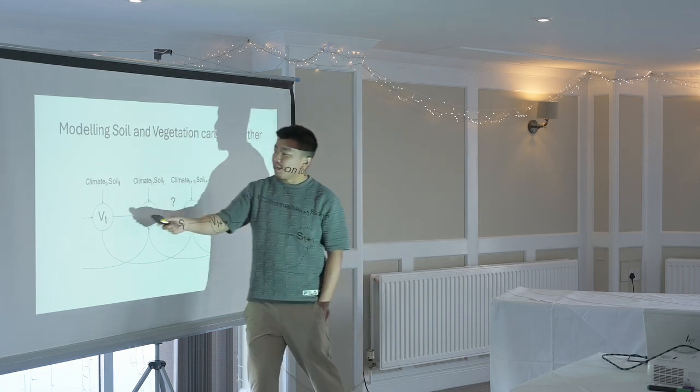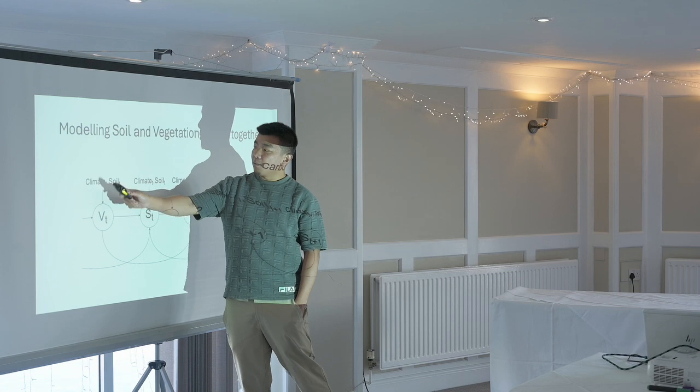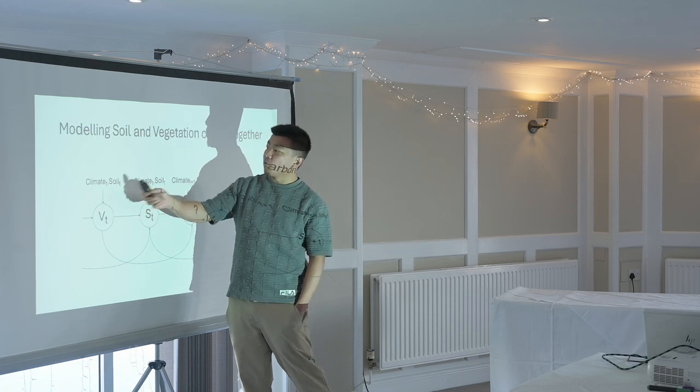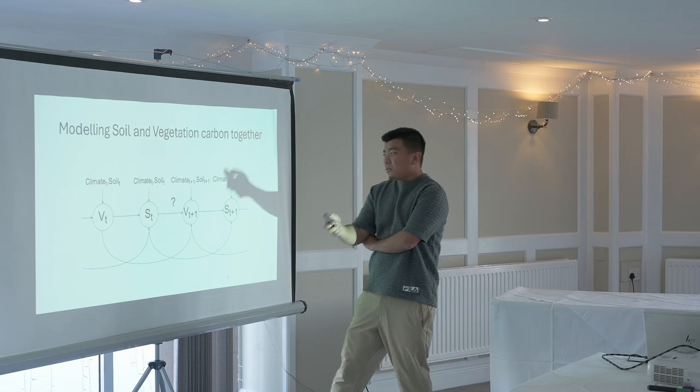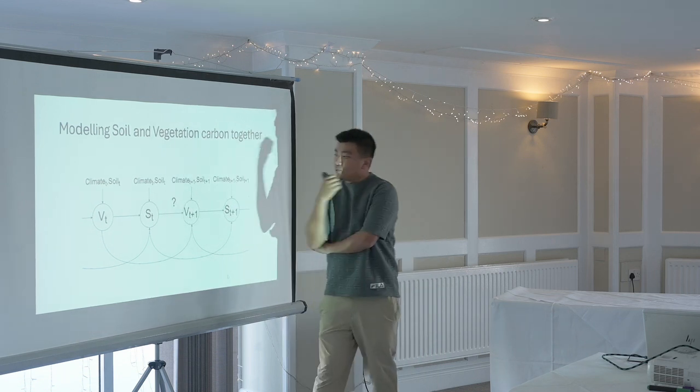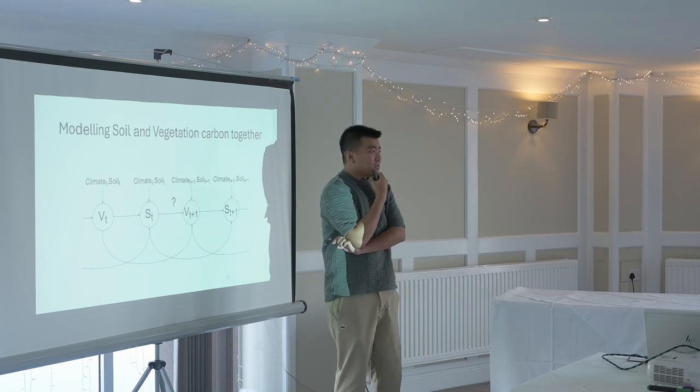For each timestamp of all the emulators, we're trying to add both climate and soil related variables as input values. We're still not sure whether we should link the soil emulation output to the veg carbon one. It seems to be dodgy.